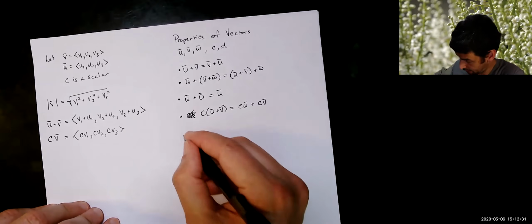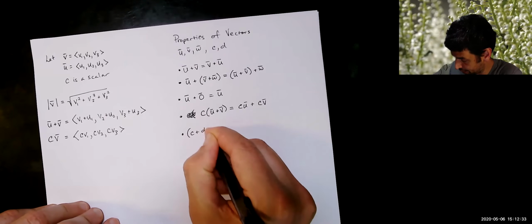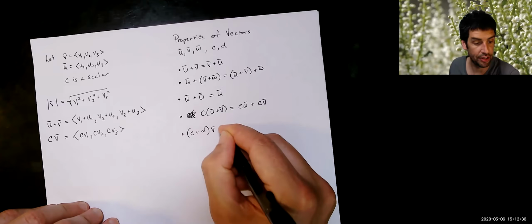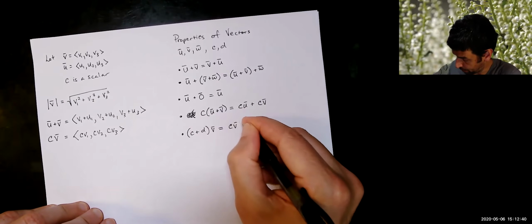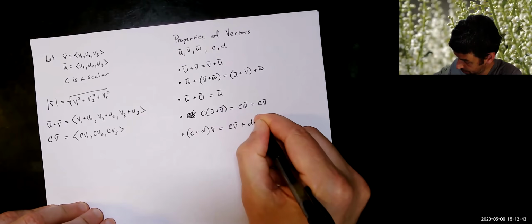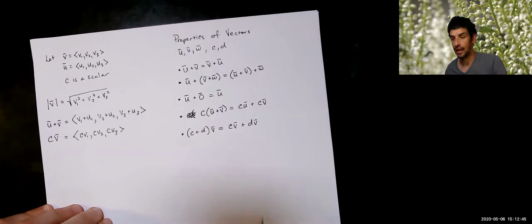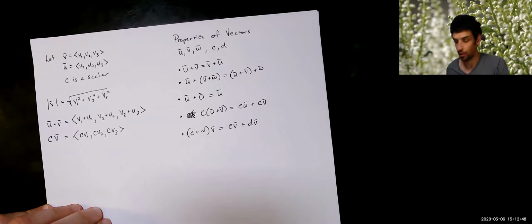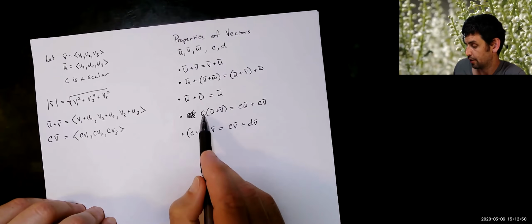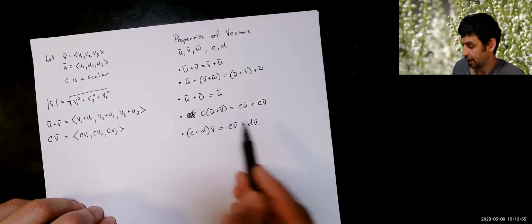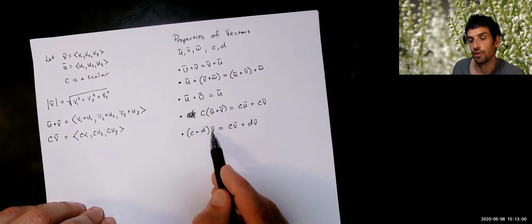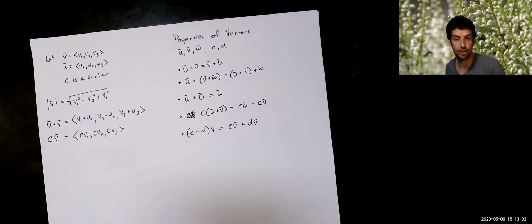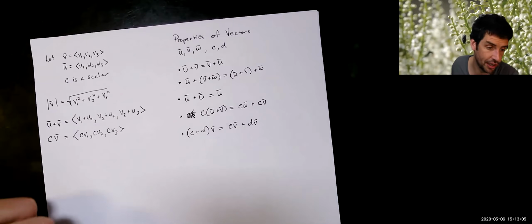And if we add two scalars together and multiply them by a vector, that's the same as multiplying each scalar times the vector and then adding those two results together. In other words, scalar multiplication distributes over vector addition, and vice versa, scalar addition distributes over scalar multiplication of vectors. So it distributes in both ways that are convenient to us.